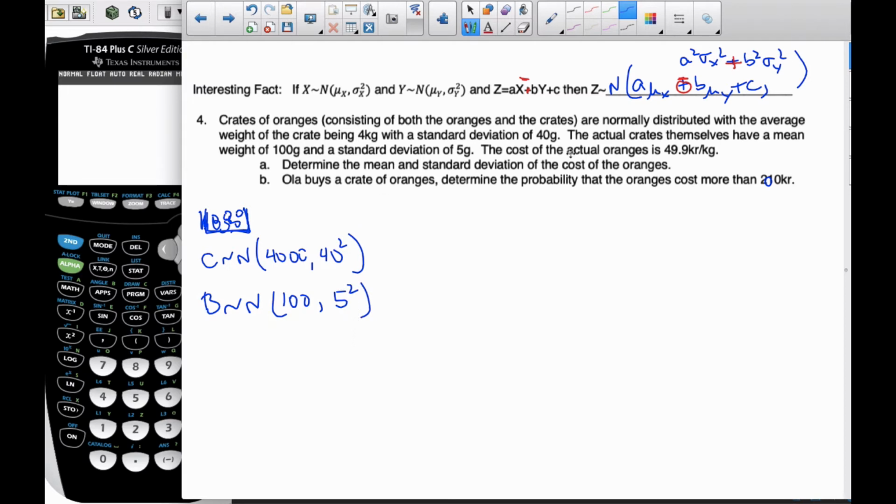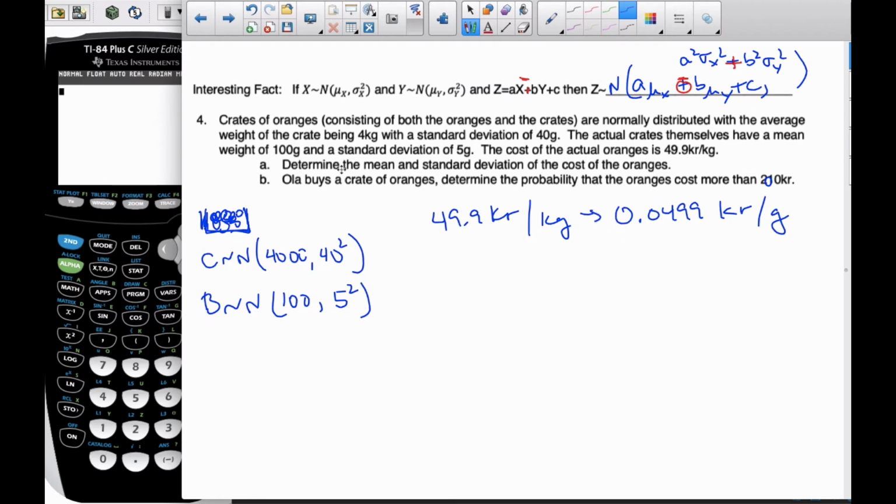The cost of the actual oranges, just these oranges, is 49.9 crowns, Czech crowns, per kilogram. So that means the cost is 49.9 crowns per kilogram, which is the same, if I divide by 1,000, 0.0499 Czech crowns per gram.